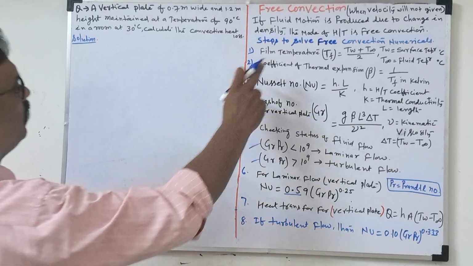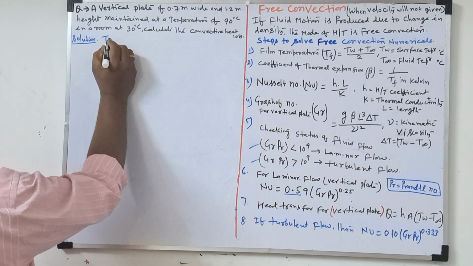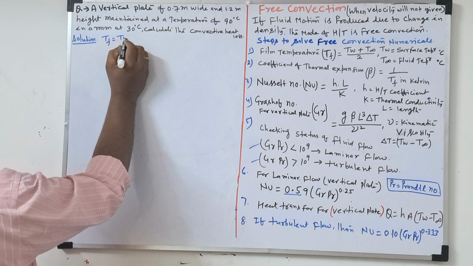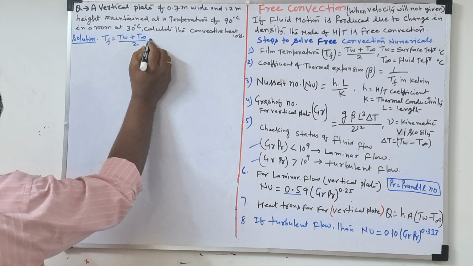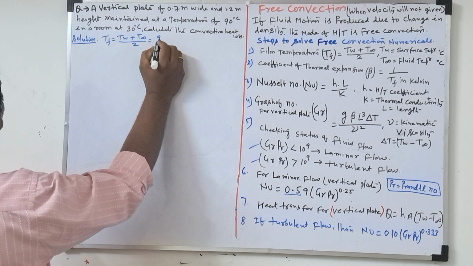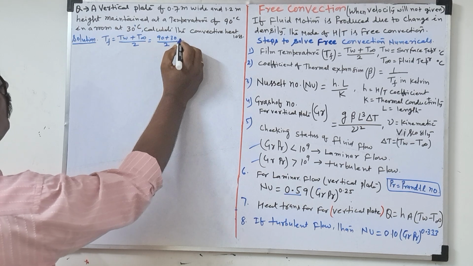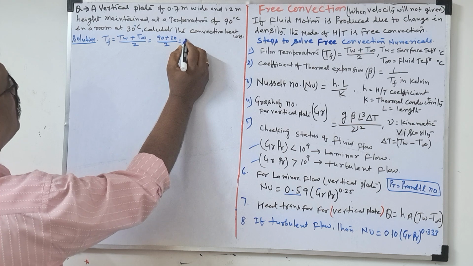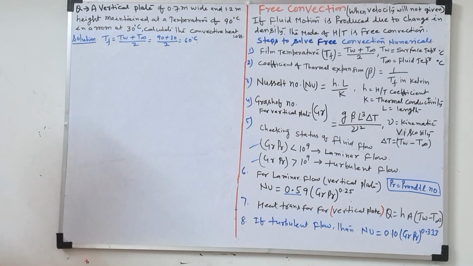Now first, as I told, we have to write the film temperature. So Tf is equal to Tw, surface temperature, plus fluid temperature, by 2. So it will be 90 plus 30 degrees Celsius by 2. So 120 by 2, 60 degrees Celsius.